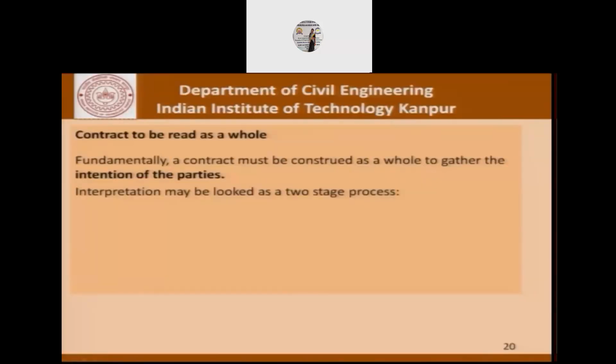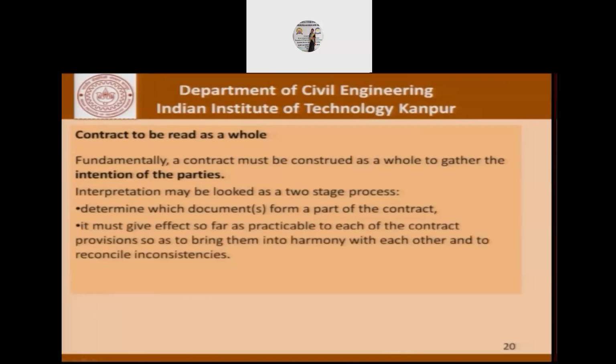Interpretation will be a two-stage process. The first stage is to determine which documents form the contract, and in the next stage, effect must be given as far as practical to each of the contract provisions so as to bring them into harmony and reconcile inconsistencies.